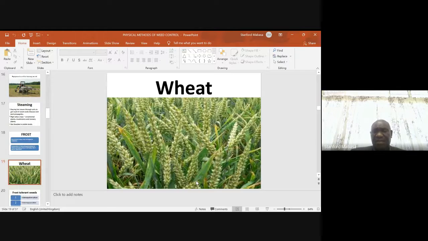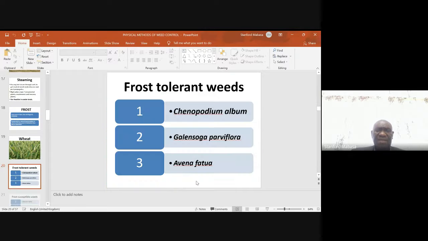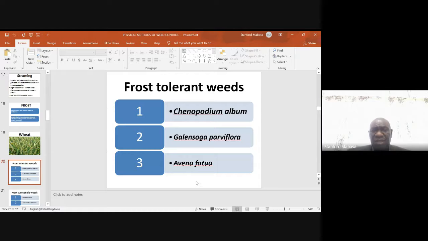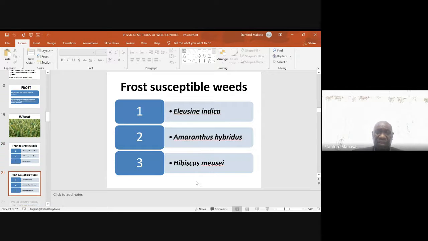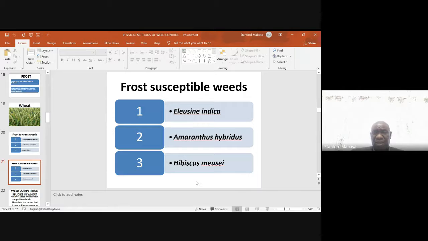So in wheat, sometimes we don't need to control the weeds because they are killed by frost. However, we do have some weeds which tolerate frost. We've got Chenopodium album, Galinsoga parviflora, Avena fatua. And those weeds which are susceptible to frost are Eleusine indica, Amaranthus hybridus, and Hibiscus cannabinus.